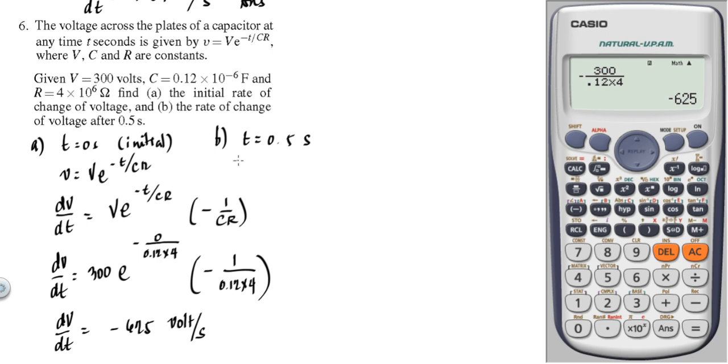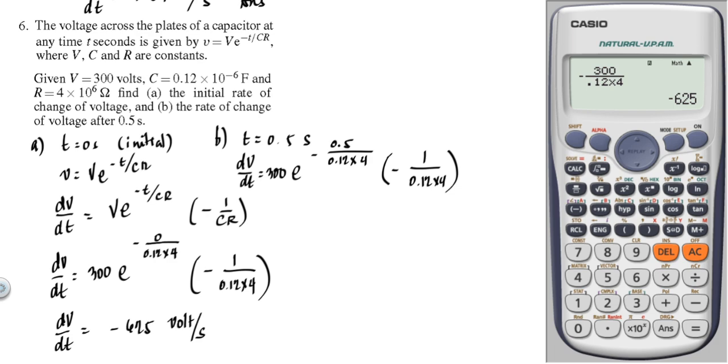So we have dV over dt equal to 300 times e raised to negative 0.5 over 0.12 by 4, times minus 1 over 0.12 by 4. So, bali yan ay minus 625 times e.